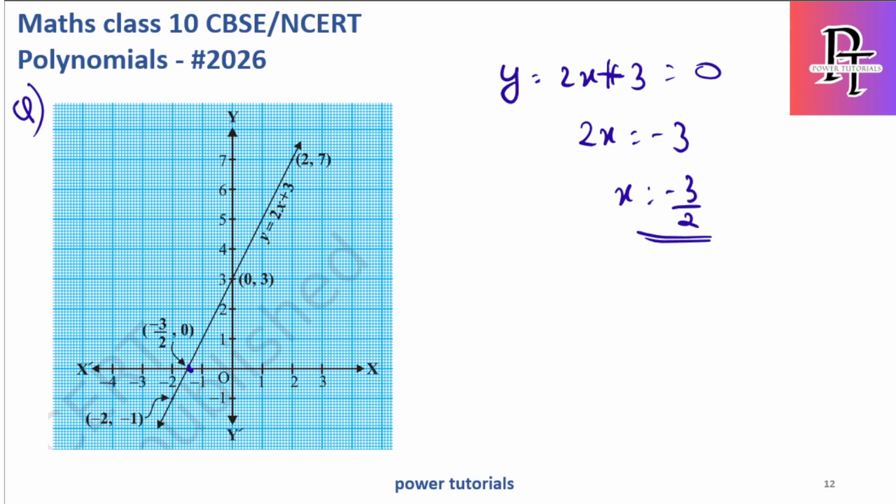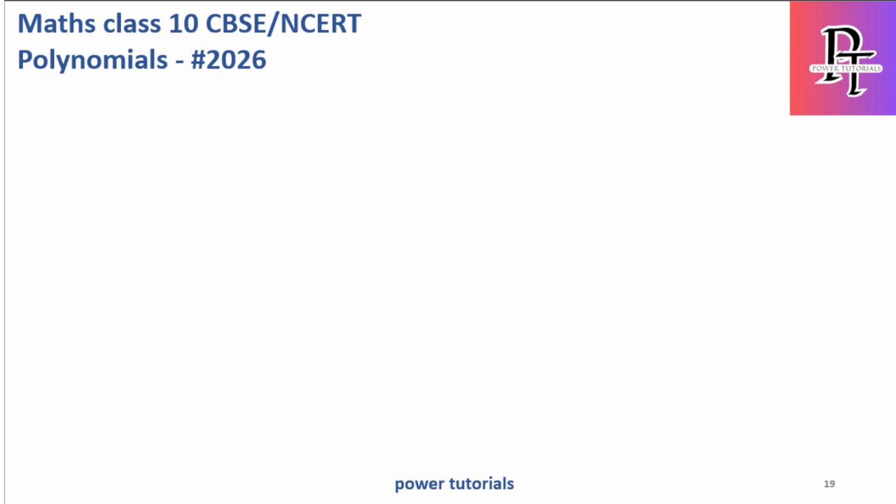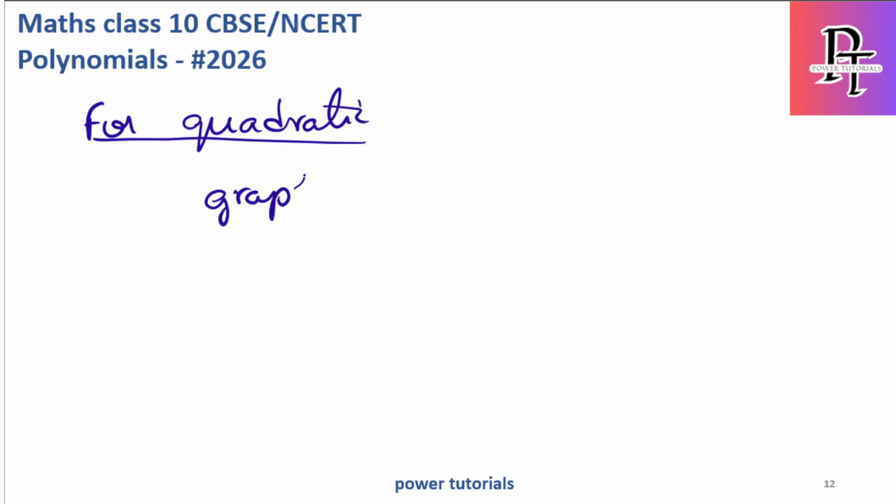What about quadratic? Quadratic means it is something in the form of a parabola. Okay, so I'll just draw for quadratic the general case of how it will be. For quadratic, the graph is a polynomial or else a parabolic graph.